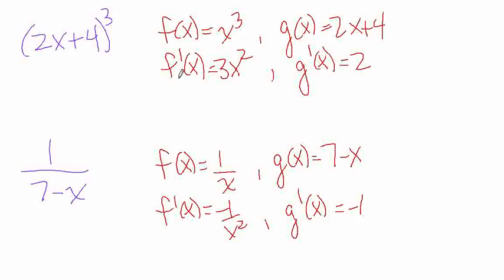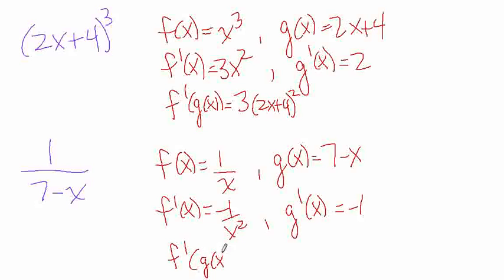The f prime again with respect to x. So f prime of g of x is 3 times 2x plus 4 squared. Okay, in the bottom one, f prime of g of x is minus 1 over 7 minus x squared.